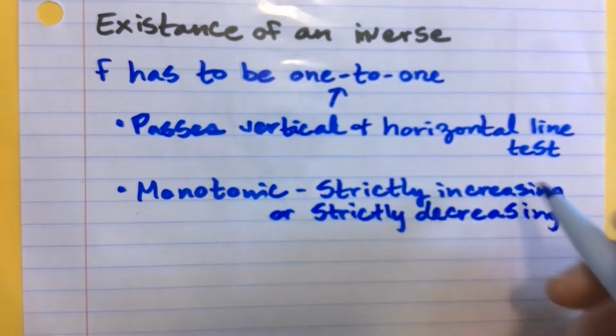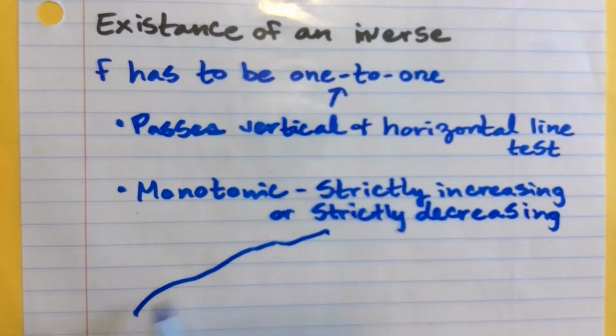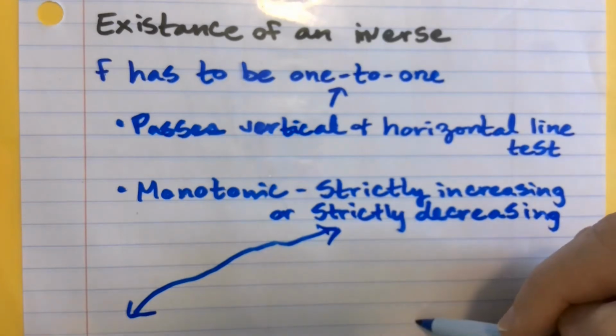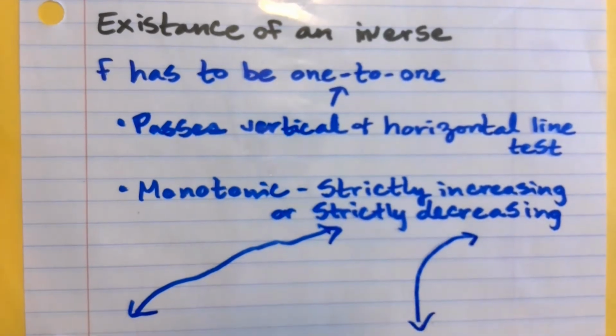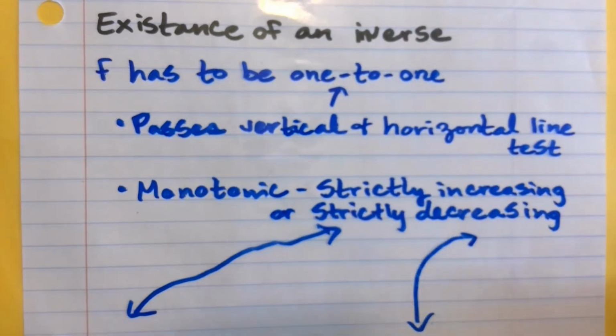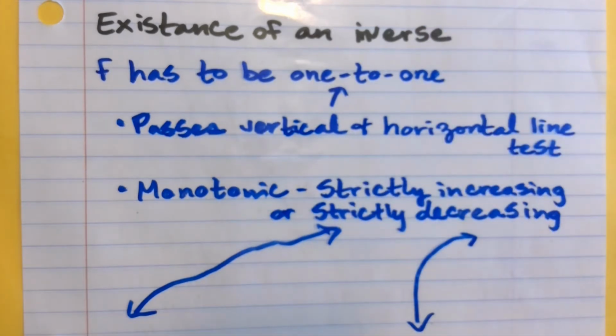If you have a function that is strictly increasing, it might have a little bit of character to it, or maybe we've got a logarithmic function that would be strictly increasing, then it doesn't have any place where it would not pass the horizontal line test, because it doesn't have any place where it's increasing and then starts to decrease. There's no max or min to start going back down or back up. So if it's monotonic, then it's got to be 1-to-1, it passes both of those, and so its inverse is going to be a function.